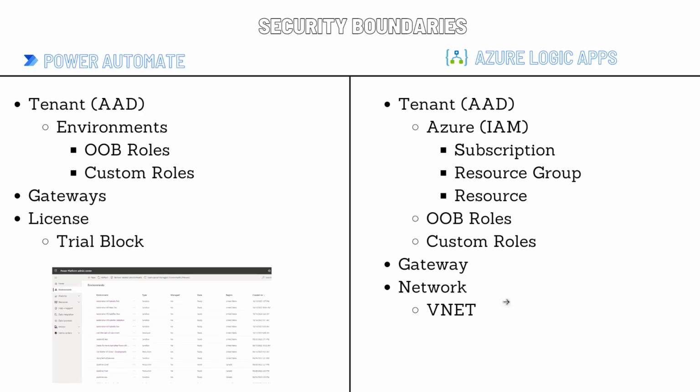And as a result, you have this very robust, strong identity and access model that allows for either single resource assignment of security roles or through essentially inheritance. So for example, maybe you've got a series of resources that belong to a resource group.